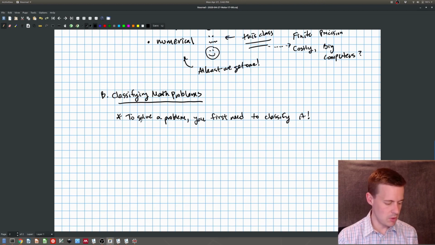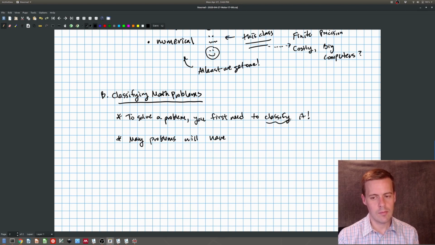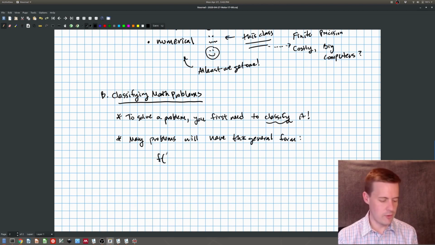So there are many problems that we're going to be able to write that'll have this general form. The general form will look something like f1, so our equation 1 will depend on these variables x1, x2, x3, equals 0. f2 will have x1, x2, etc. And let me put xn at the end down here.